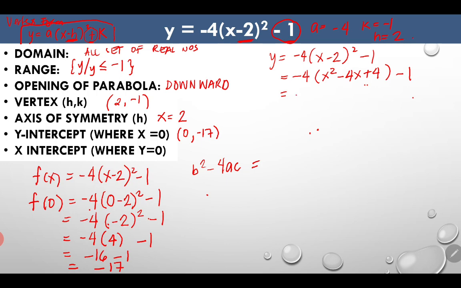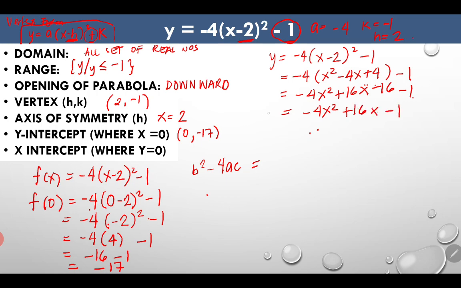Let us multiply negative 4x squared plus 16x minus 16 minus 1. So, negative 4x squared plus 16x minus 17.